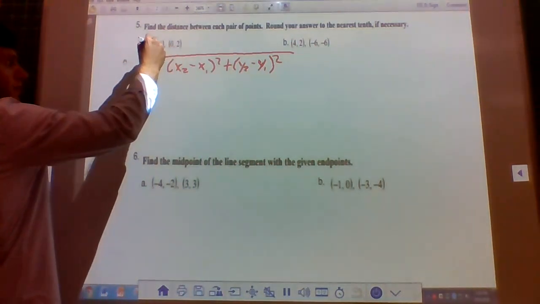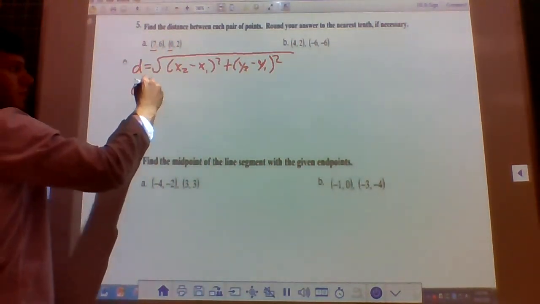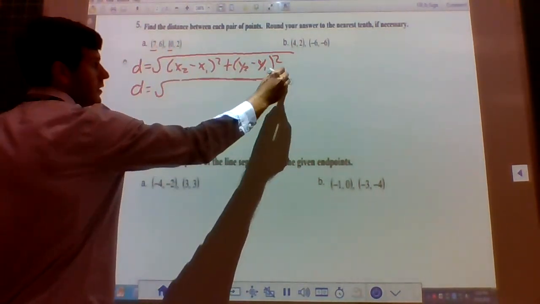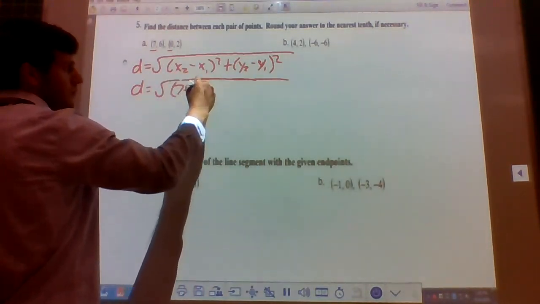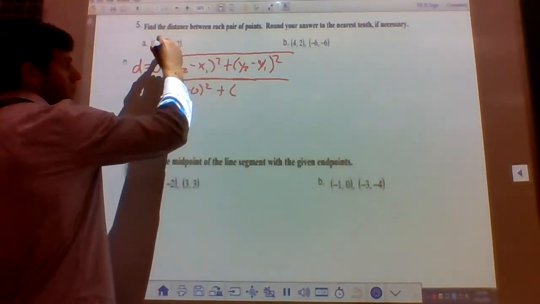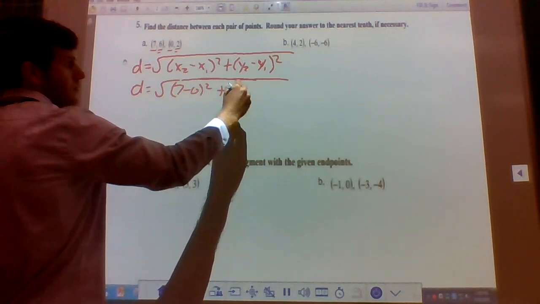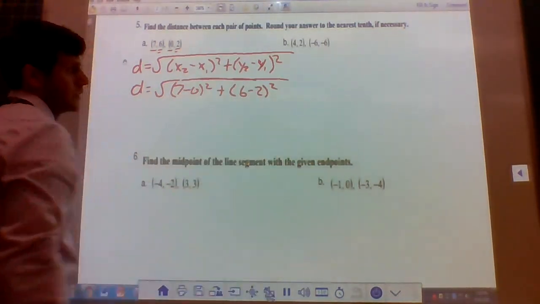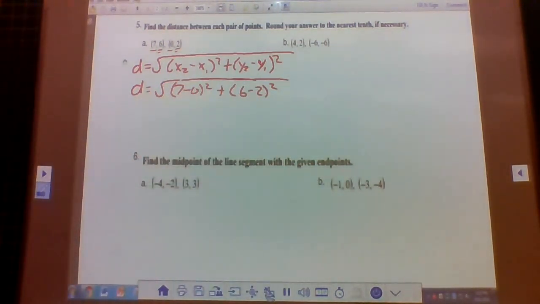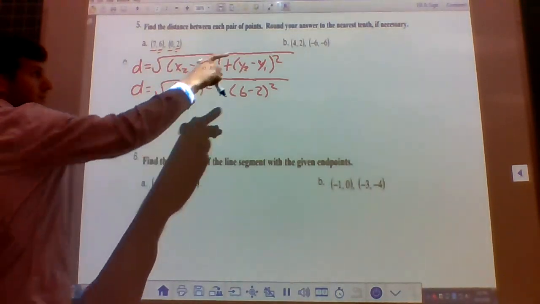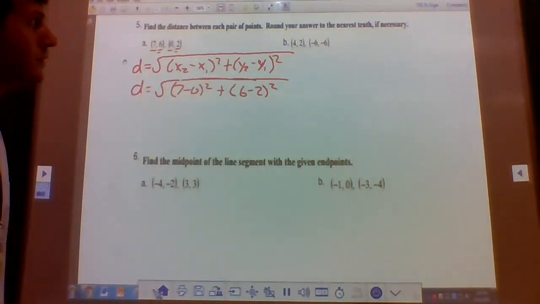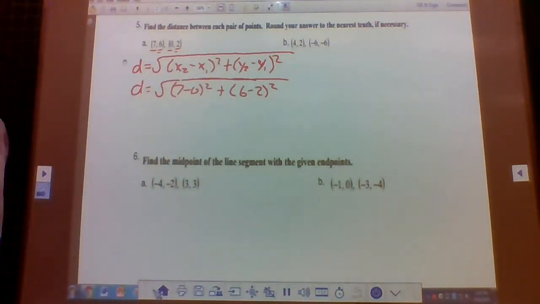Okay, our two x values are 7 and 0. So we have 7 minus 0 squared plus the two y values are 6 and 2, 6 minus 2 squared. From here, you can just put it in your calculator, or we could keep it as a radical. It says round to the tenth. Again, I don't care if you round it or if you leave it as a radical.